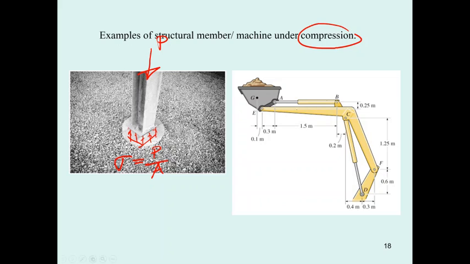Next, taking a look at the machine here, we're going to move the earth to somewhere, and the earth is going to have the weight of W. If you take a moment about the pin or hinge F, the W is going to rotate this way, and the hydraulic is supposed to put the force to resist it, making the opposite clockwise rotation to the weight W.